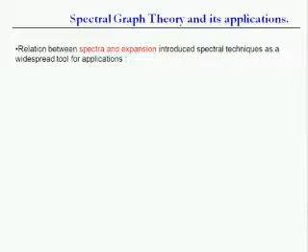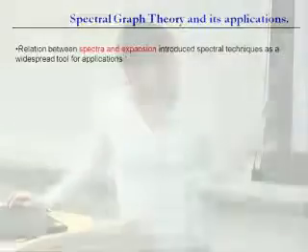Okay, so spectral graph theory basically studies the eigenvalues and eigenvectors of graphs. And the relation between spectra and expansion introduced spectral techniques as a very popular tool for applications in a lot of areas. For example, image segmentation uses spectral techniques, and basically the use of spectral techniques revolutionized image segmentation.